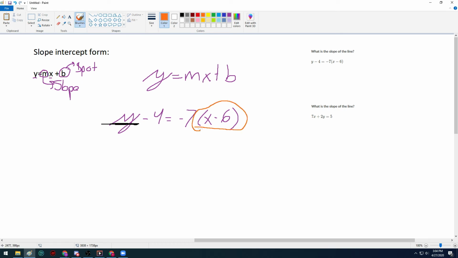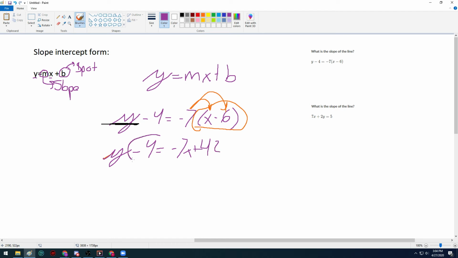So how do we do that? Well, we just multiply negative 7 by each of the numbers inside of it. Rewriting this, y minus 4 is equal to negative 7x. A negative times a negative gives you a positive, and you should get plus 42.